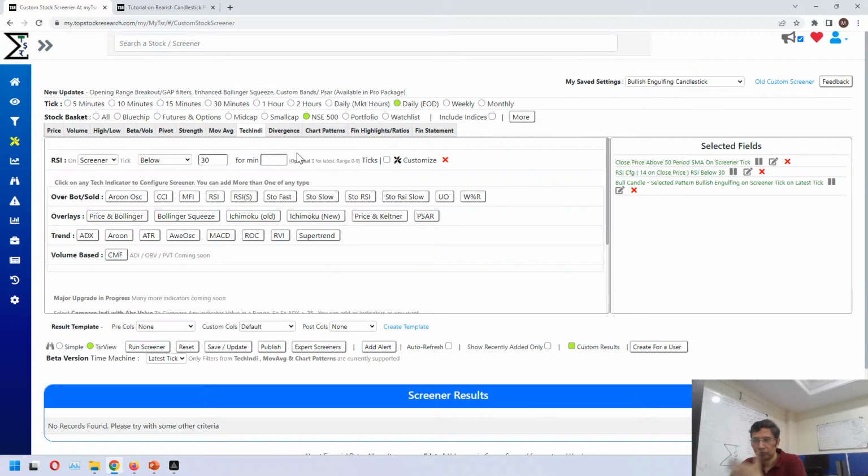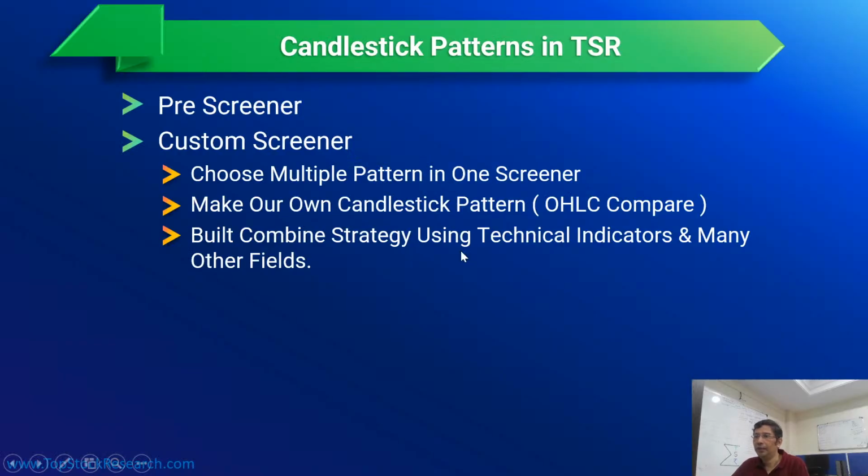Okay, below 40. Okay, no records, but you know how to mix and match. We have covered technical indicators, price action, and candlesticks, so you know how to make best use of things. Okay. So build your own strategy, right?